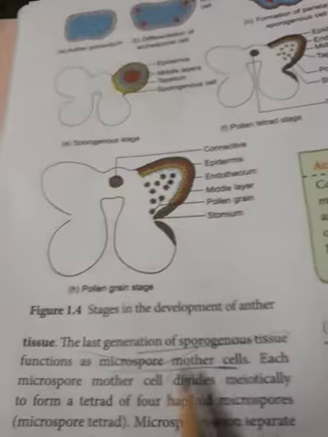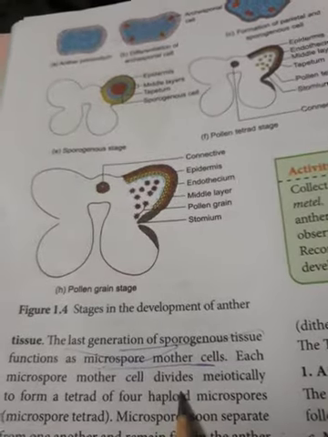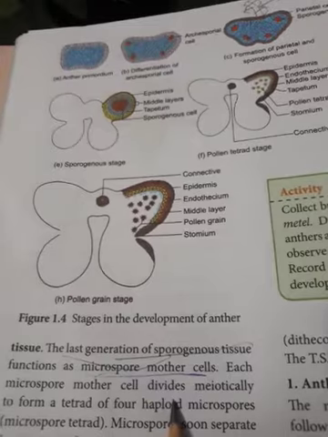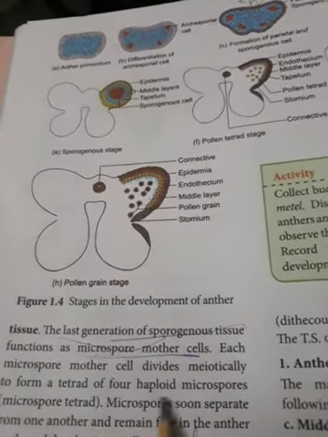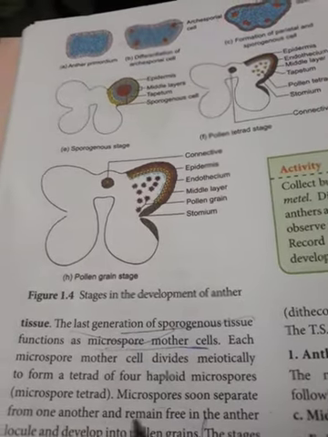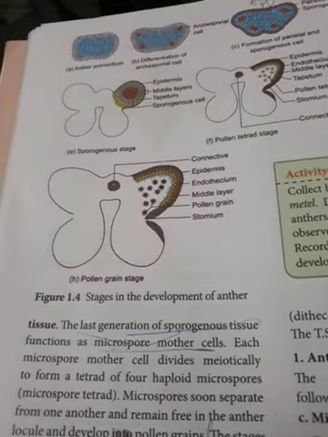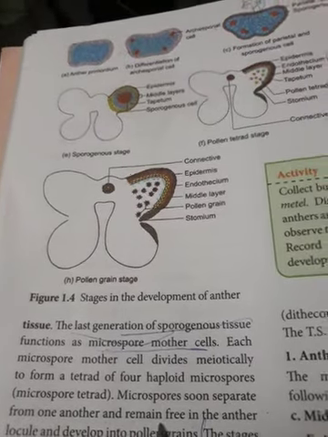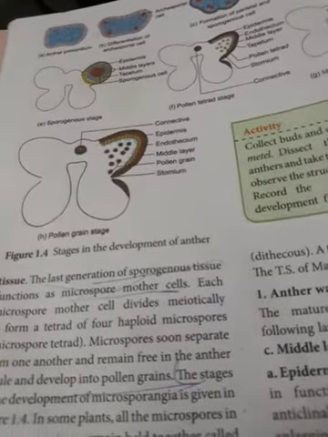The primary sporogenous cell may directly or after a few mitotic divisions form the sporogenous tissue. This sporogenous tissue functions as microspore mother cells. Each microspore mother cell then divides meiotically and produces 4 haploid microspores. Microspores soon separate from each other and remain free in the anther locule and develop into pollen grains.